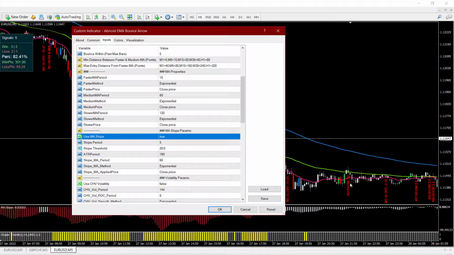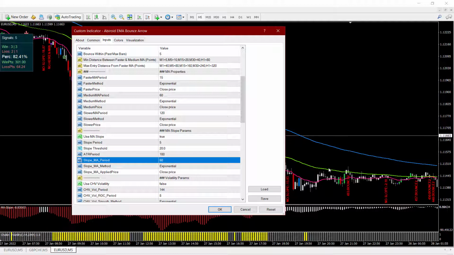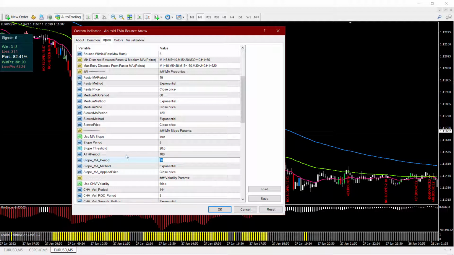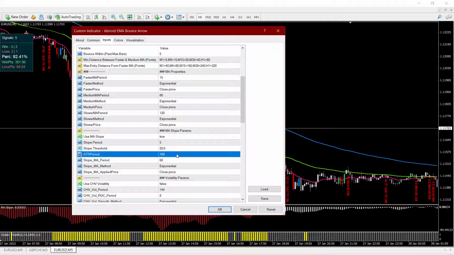So we already talked about, by default the slope MA period is 60, which is this middle MA. You can also change that to whatever you like, maybe 100, 200, and this ATR period. For this particular slope check, we are using ATR to normalize the slope, because for a time frame, suppose M5, if we have the slope value between this particular price and this particular price, and we calculate the slope angle between them, then for M5 it will be different.